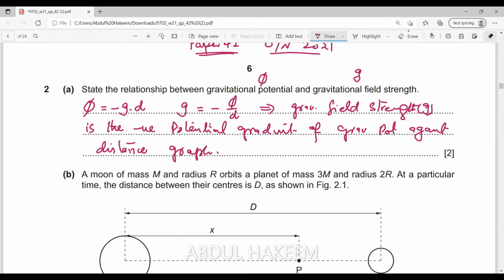If the graph is plotted, suppose phi at the y-axis and the distance at the x-axis, then the negative gradient of the graph is equal to g, which is gravitational field strength.